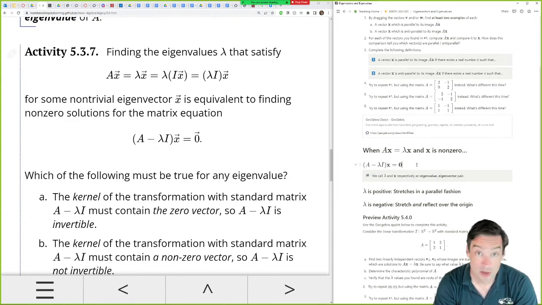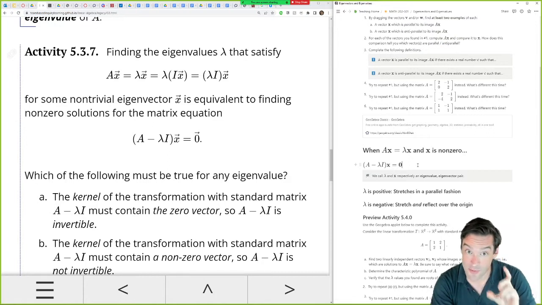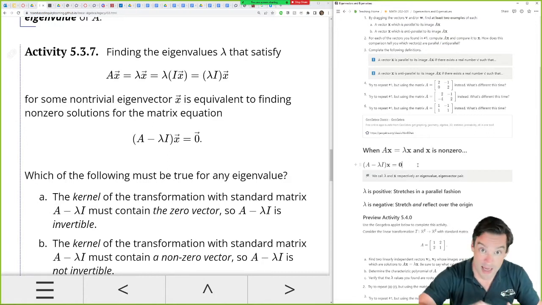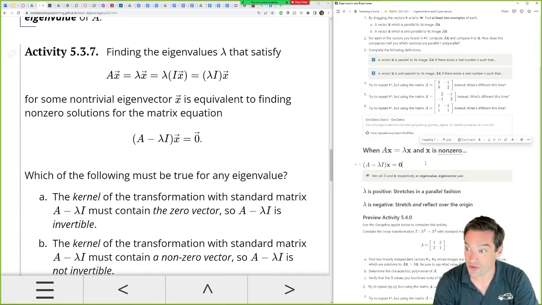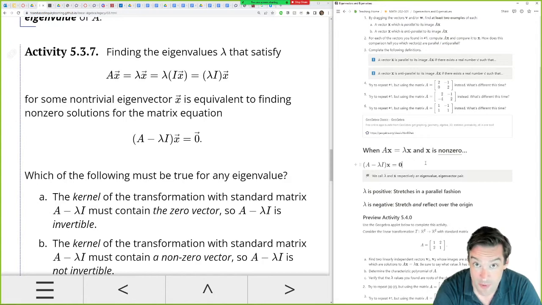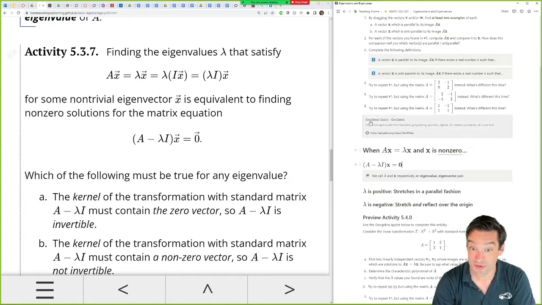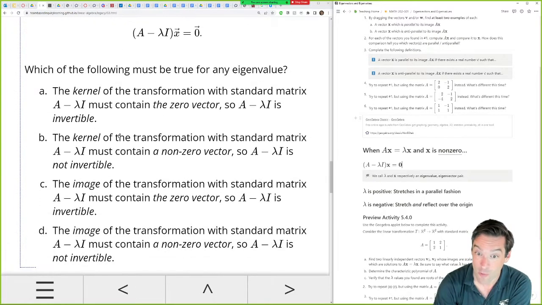So this is an ordinary matrix-vector equation. It's just that the matrix that we study is not A, but it's A minus some multiple of the identity matrix. And if we choose that multiple of the identity matrix wisely, we're going to be able to get, and here's where I'm going to underline this word, non-zero solutions to this equation. But in order to get non-zero solutions to this equation, we have to figure out what that tells me about the matrix A minus lambda I.